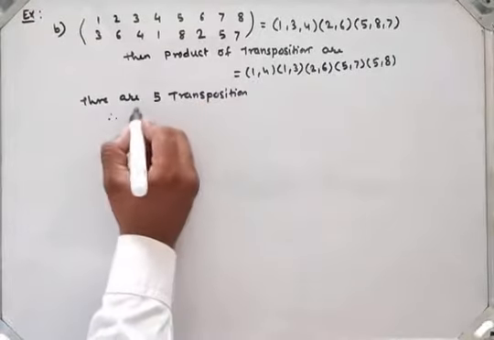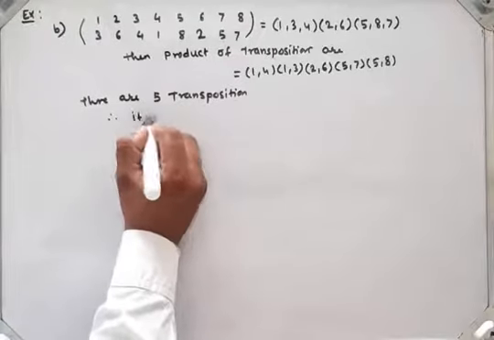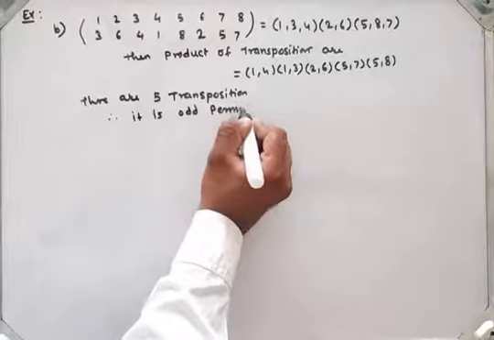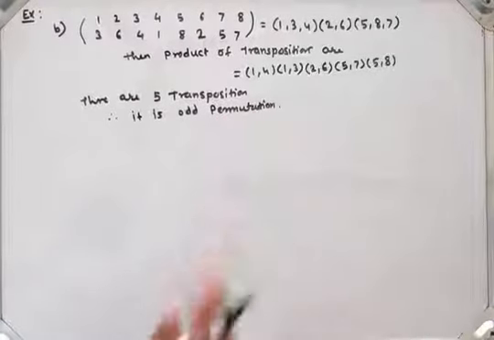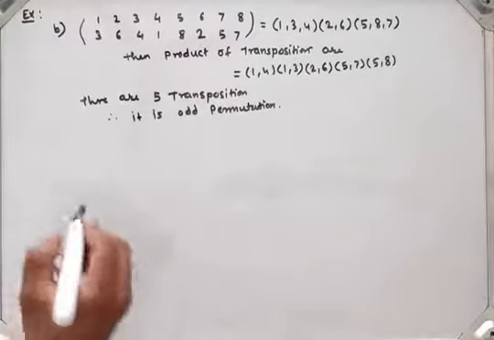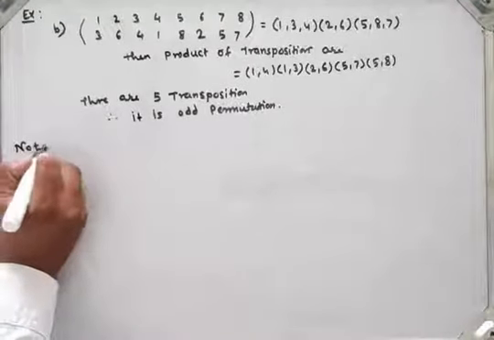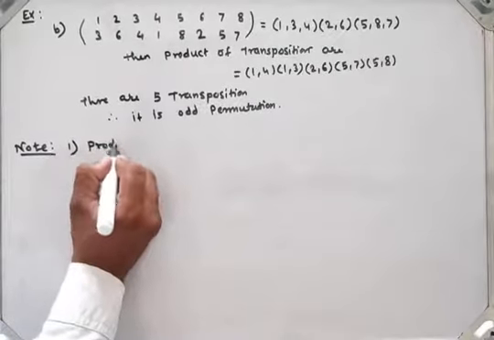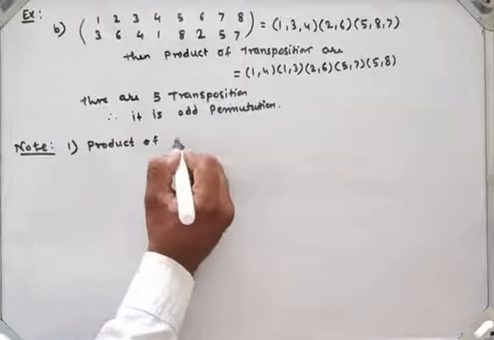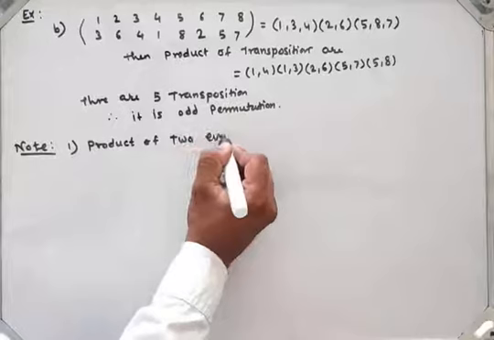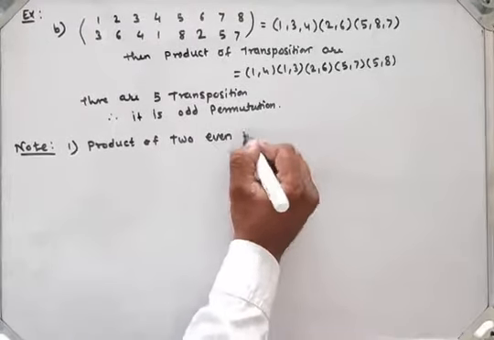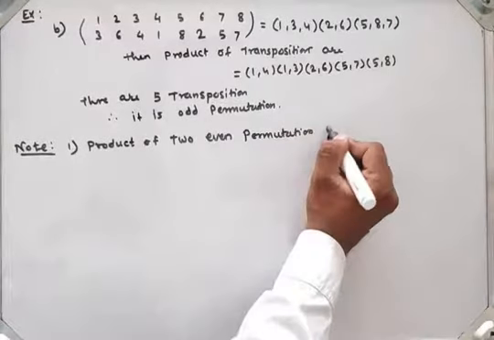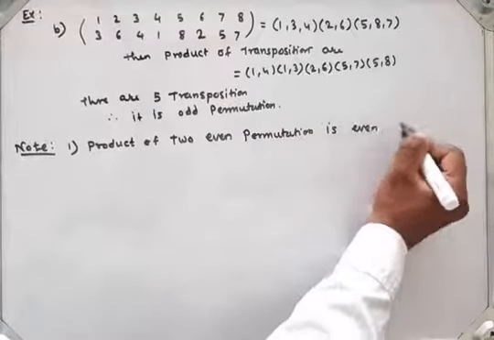Therefore, what do we say? Therefore it is an odd permutation, right? So let's see. Note, first, the product of two even permutations is again an even permutation.